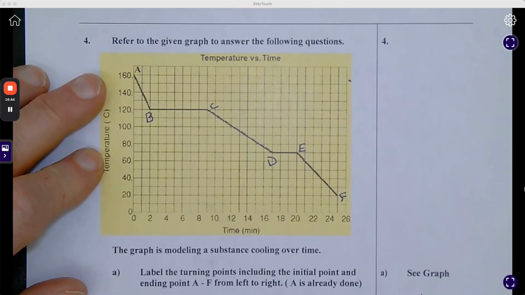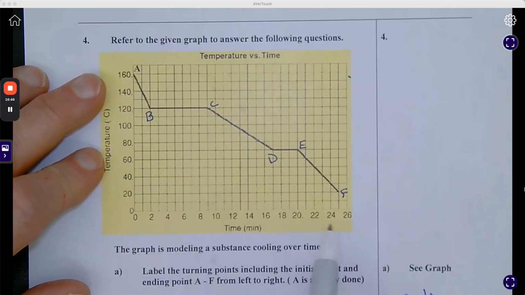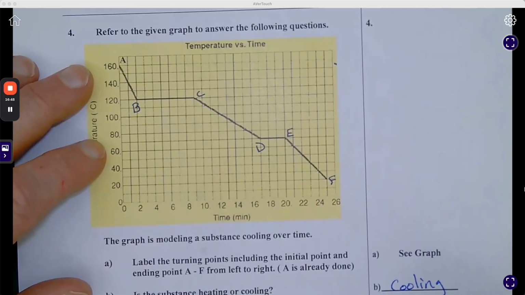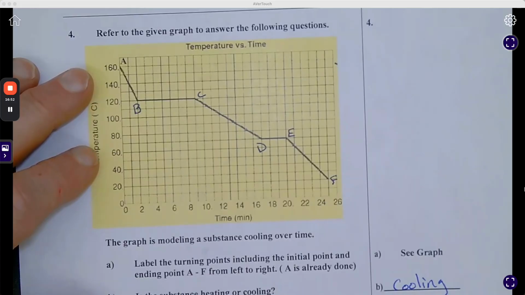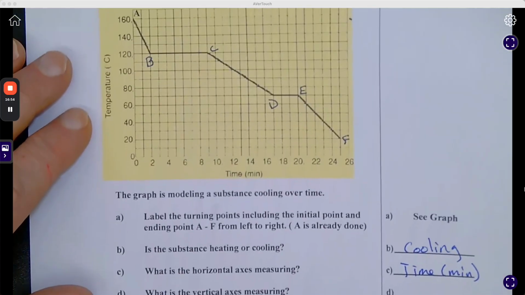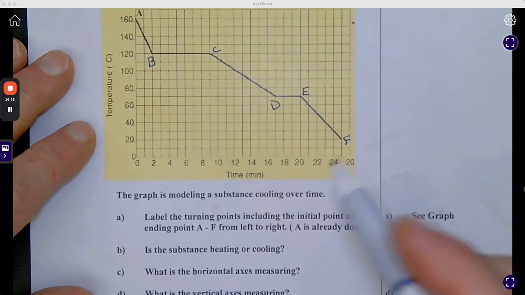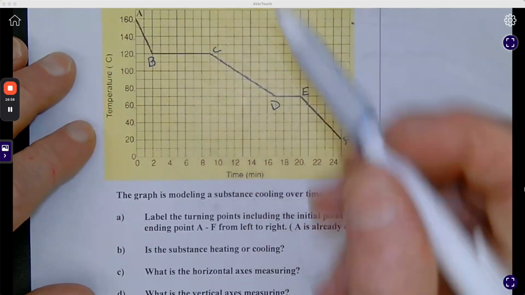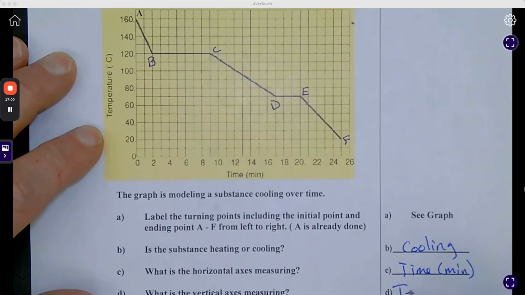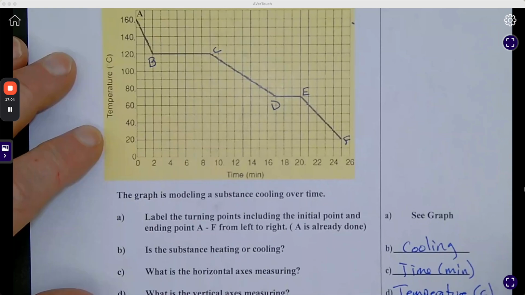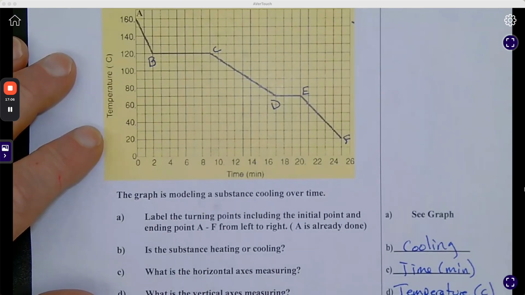What is the horizontal axis measuring? Horizontal is left and right. It's measuring time in minutes. What is the vertical axis measuring? Well, the vertical axis is vertical, up and down. It's measuring the temperature in Celsius. What are the minimum and maximum input values?